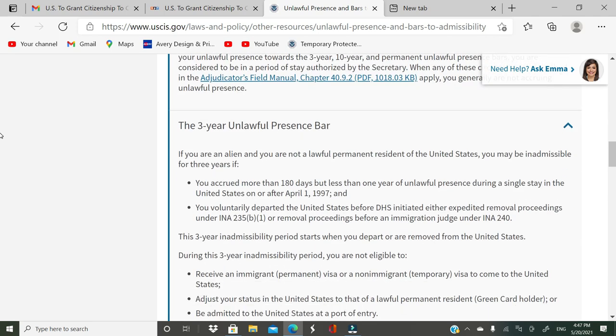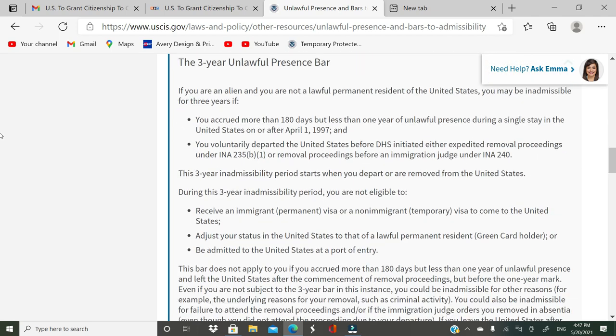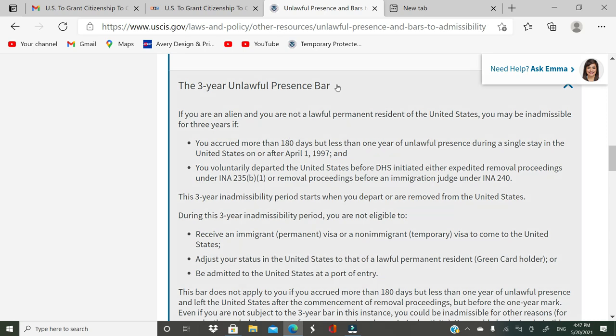So now, let's talk about the 3 years first. It says this 3-year inadmissibility period applies when you depart or are removed from the United States. Remember when we were talking about deporting, some people don't just leave, they just stay.